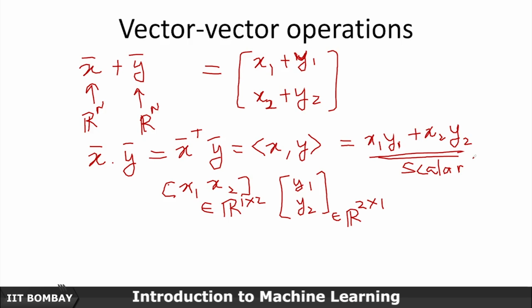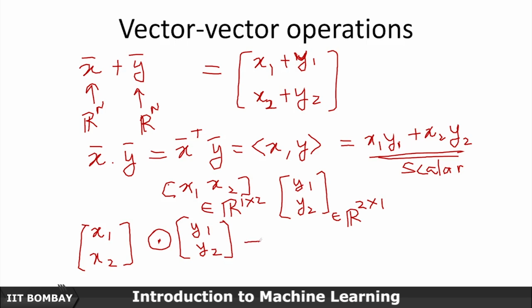In machine learning, we would use another operation which is an element wise product of two vectors. So let's say we have x1 x2, we would take its element wise product, usually represented by a dot and a circle around it, with y1 y2, and these two vectors also should have the same dimension, and the resultant would have the element wise product.